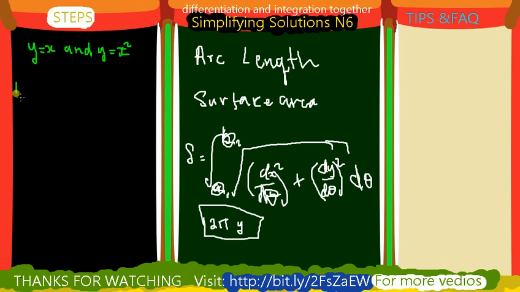Step number 1, you derive this one and you derive that one. You'll be given the limit for the parametric equation, not in terms of x or y.